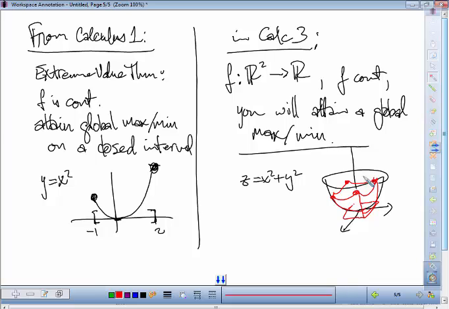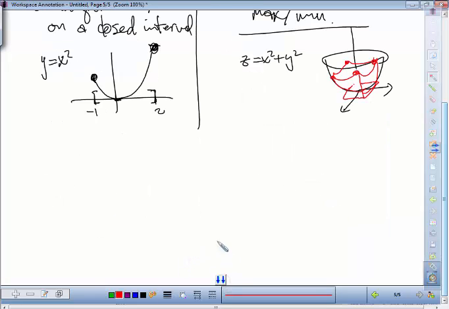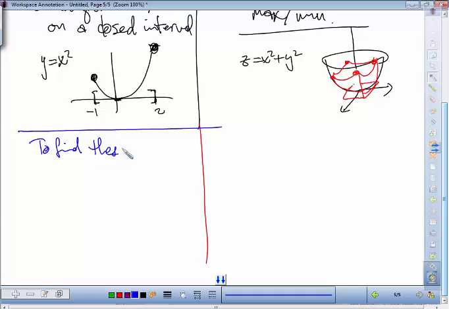Okay? So what do we have to do to find our global max and mins? Back in the old days in calculus, what we did was we found critical points and then endpoints.